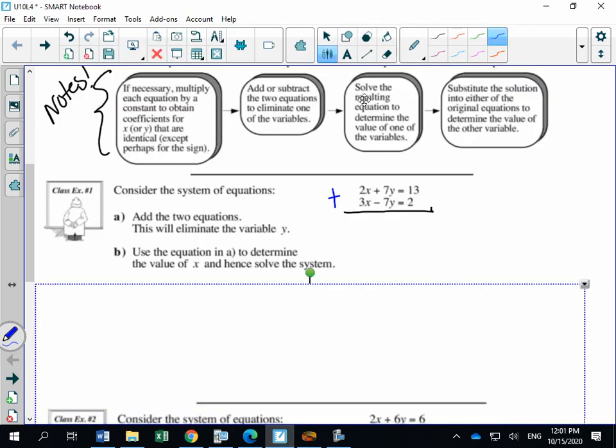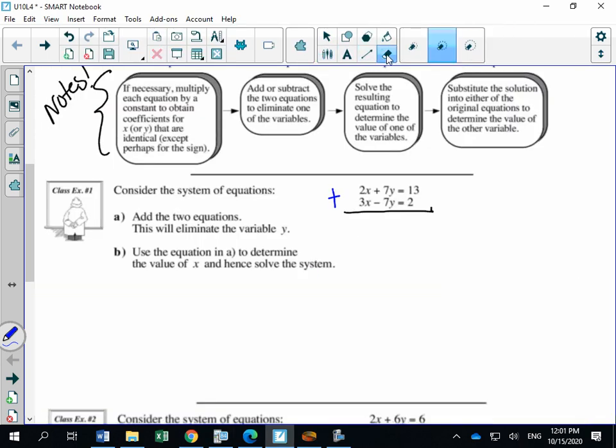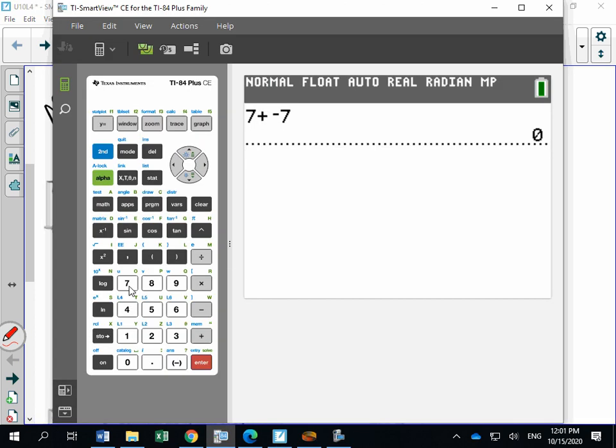Watch what happens if I subtract these 2 equations. You would type in on your calculator 7 minus -7, and 14 would come up. You want to choose the one where you eliminate a letter. So we would add, okay?